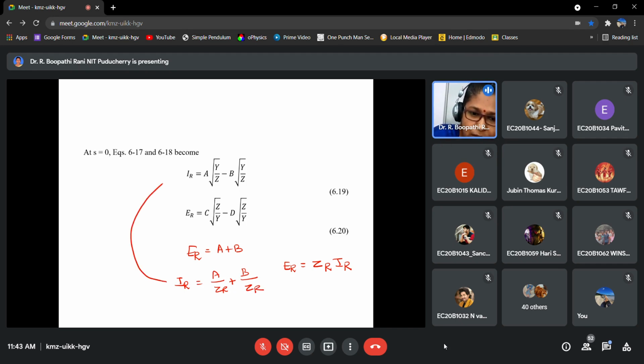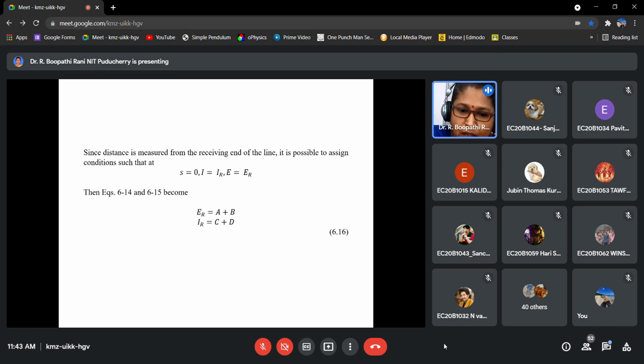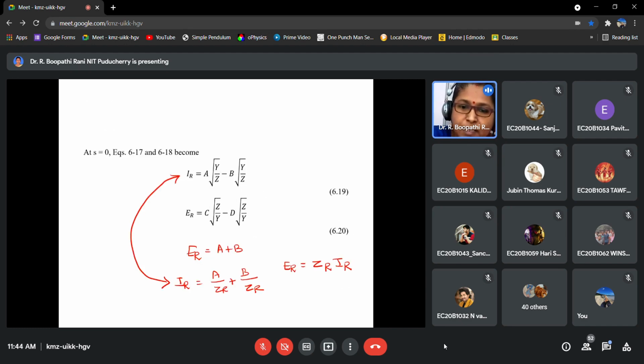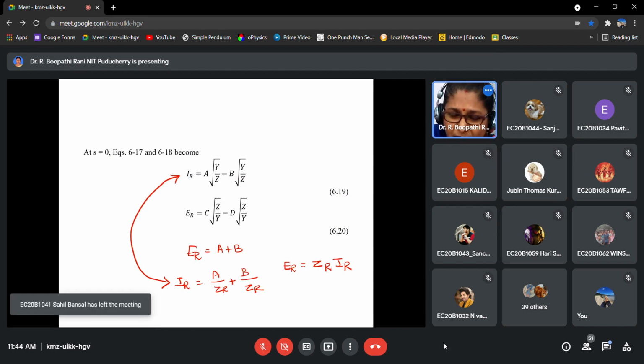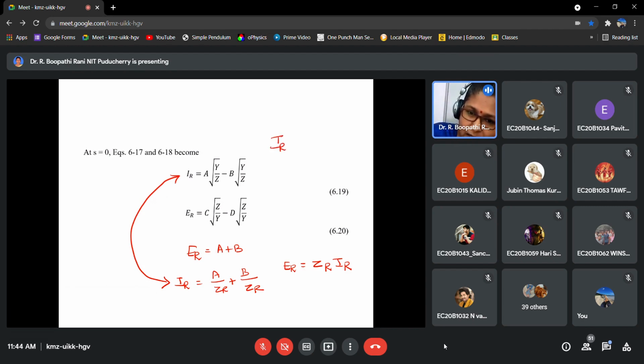These two equations can be solved to find the expression for A and B. Similarly, we got IR as C plus D. ER can be written as IR ZR, equal to this expression, and this ZR can be taken to the denominator.